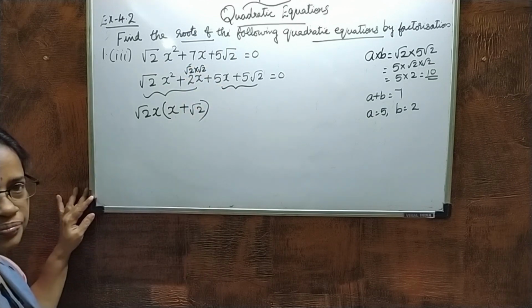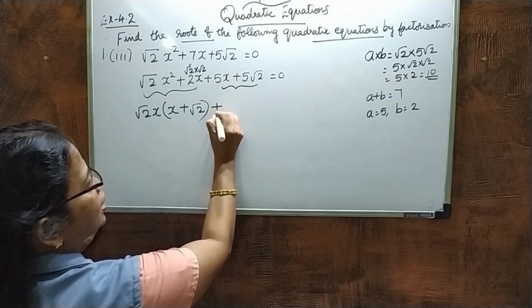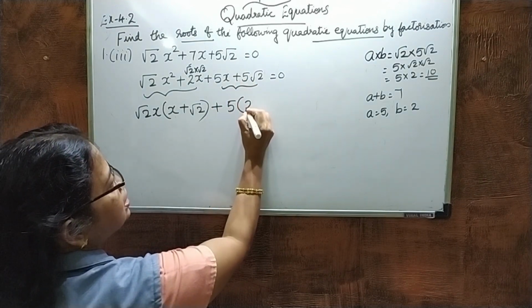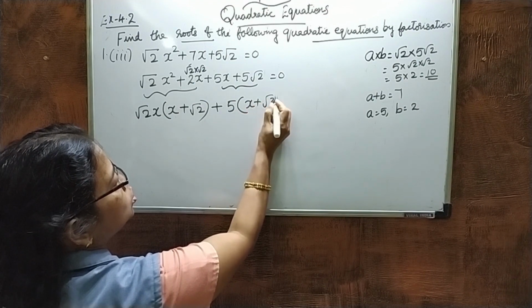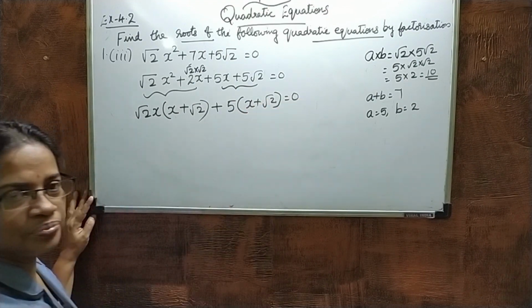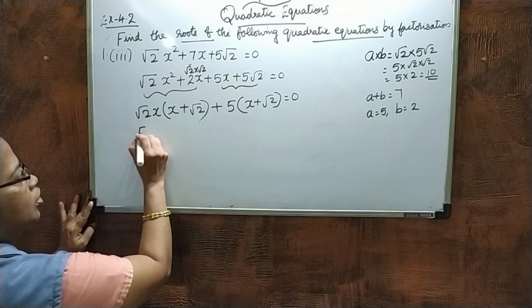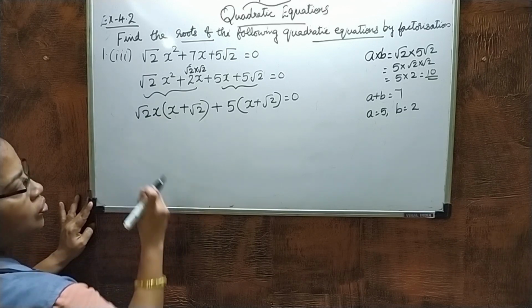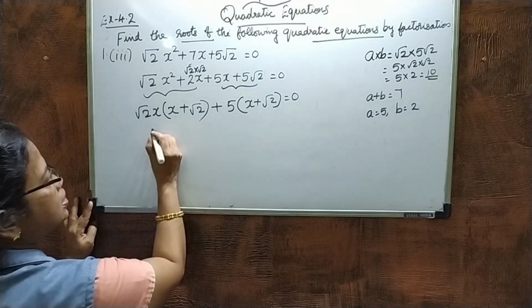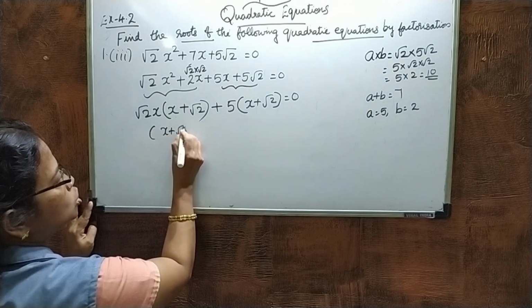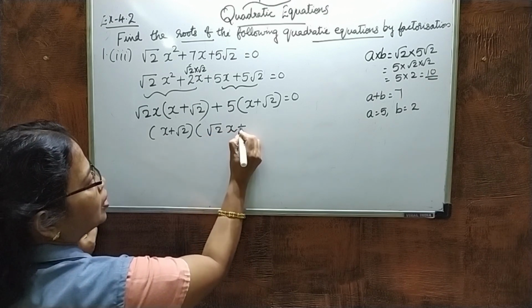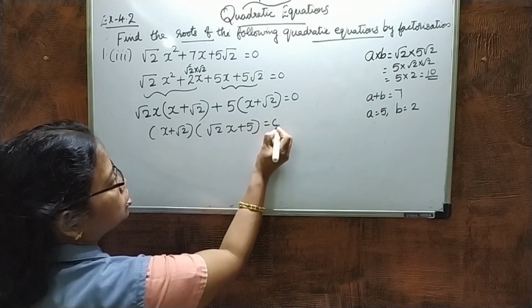Again plus 5 into, what is the balance? It is x plus root 2 equal to 0. Before the roots, what do you have to do? You have to find it in brackets. So x plus root 2 into root 2x plus 5 equal to 0.